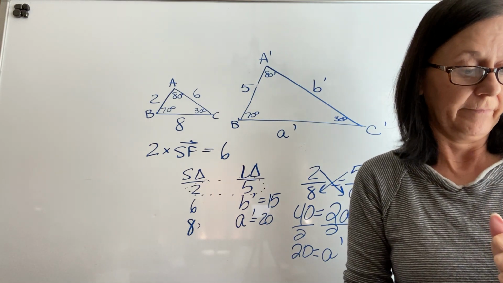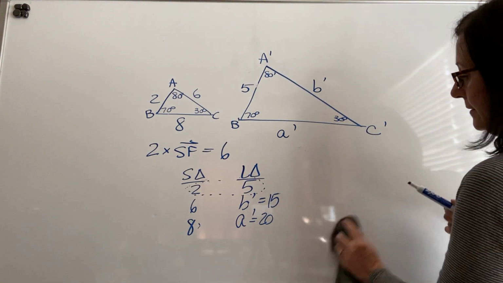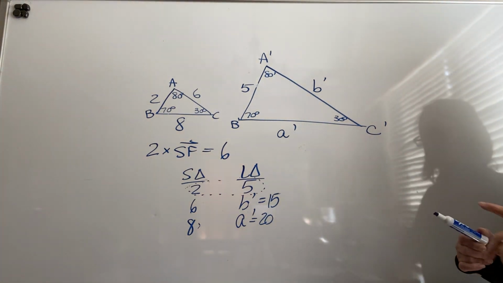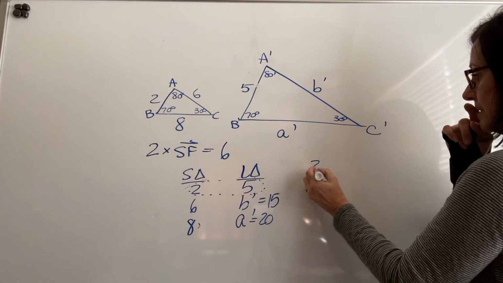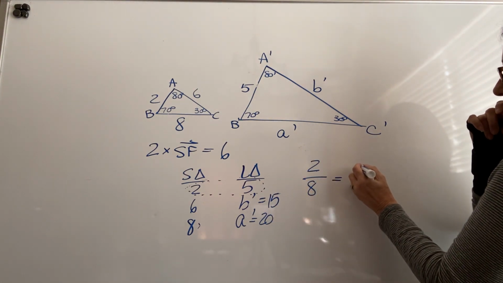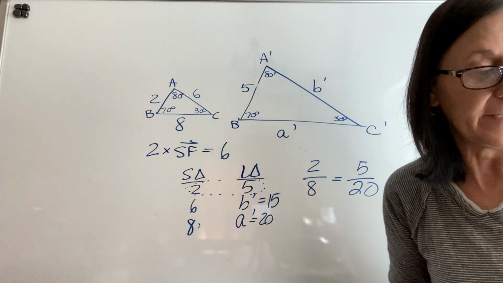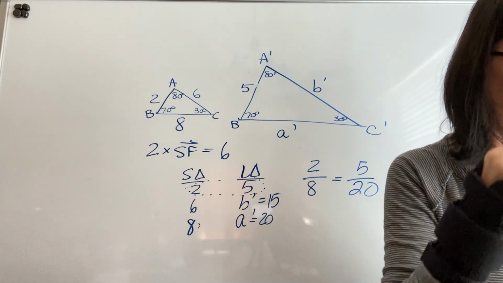Now I'm going to go back to this 2 over 8 equals 5 over 20. So we can talk about what these values are.